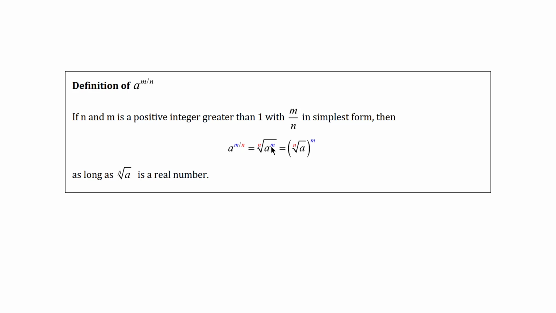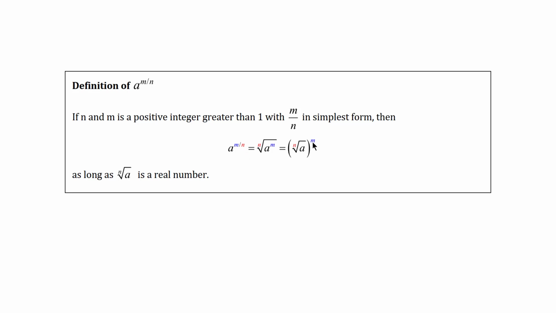Now the second way is taking the nth root of a, putting it inside parentheses, and raising it to the m power. Notice here that the denominator n is still the index of the radical. However, the numerator m is now the exponent on the entire radical.